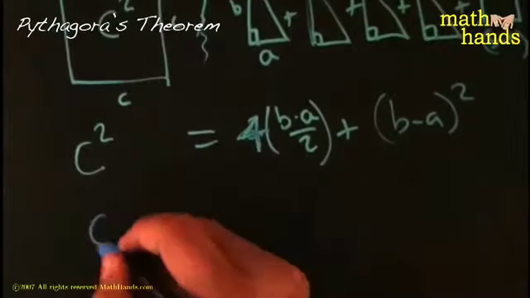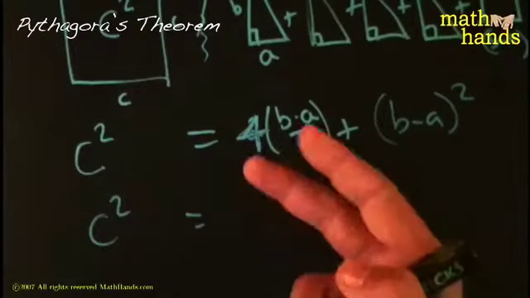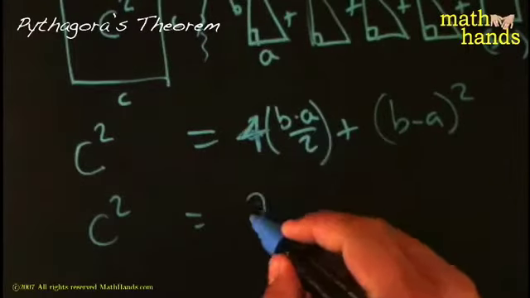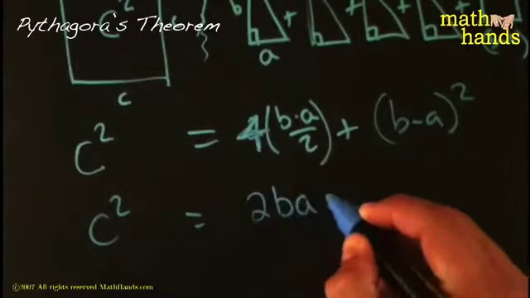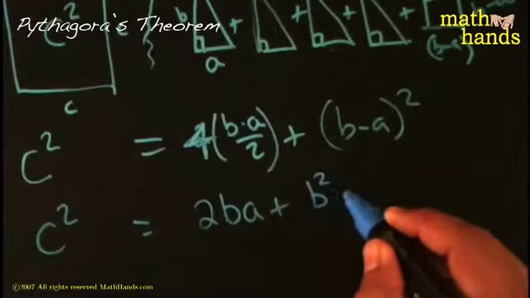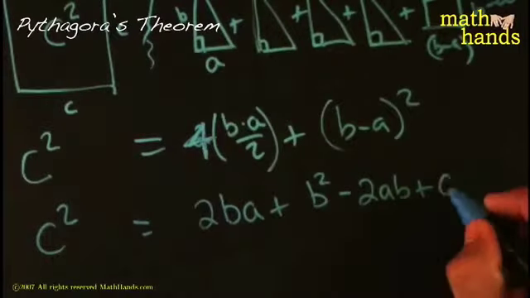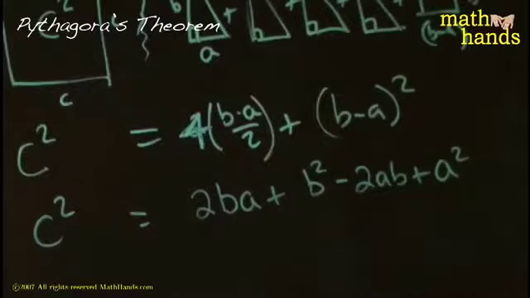That makes it, the left side is C squared, and this side would be 4 times BA over 2, which means the same thing as 2BA. And then you've got to expand this binomial using your excellent algebra skills. You know that you could FOIL that if you wanted to. You'd get something like this.